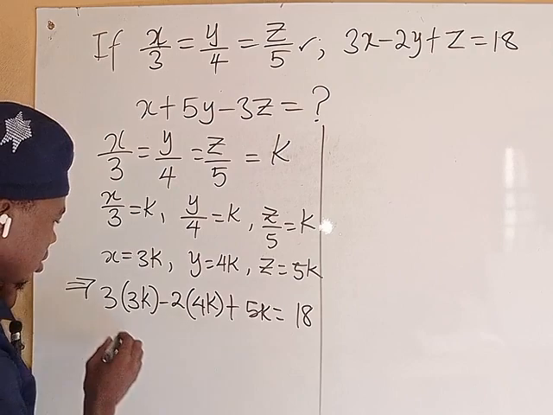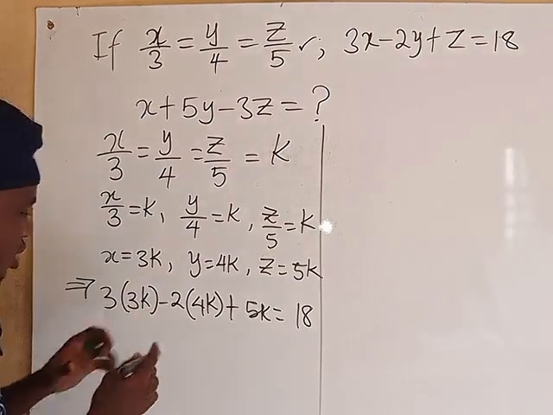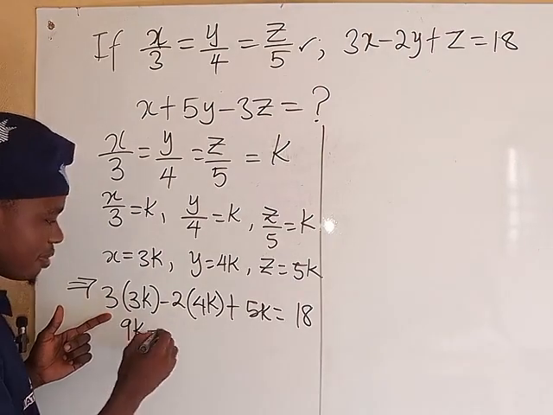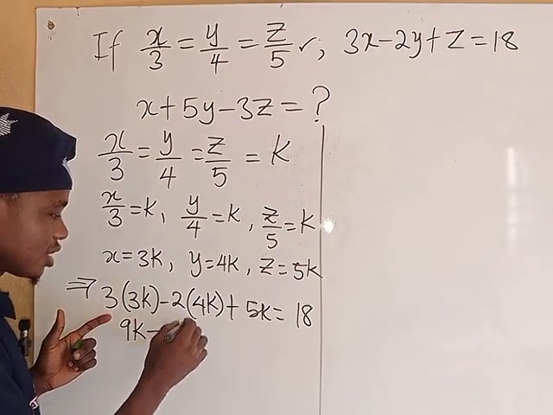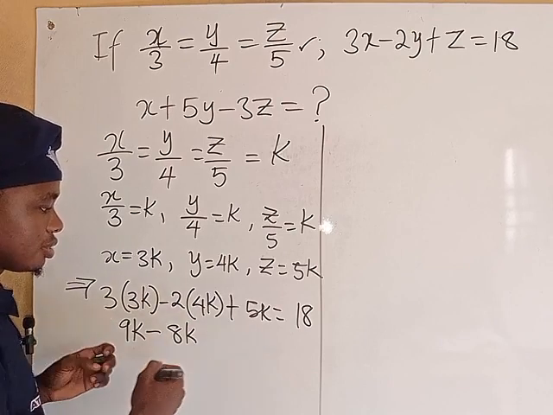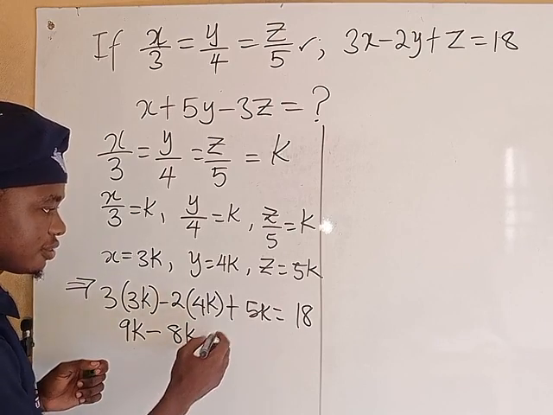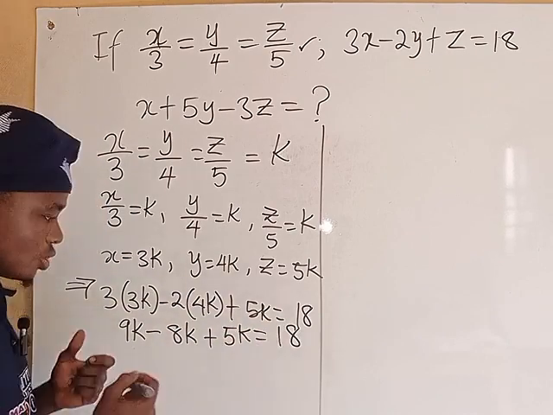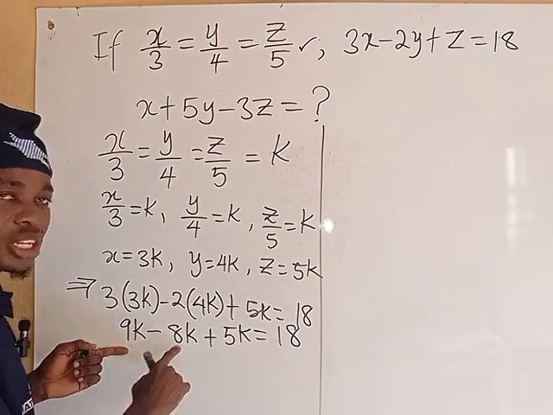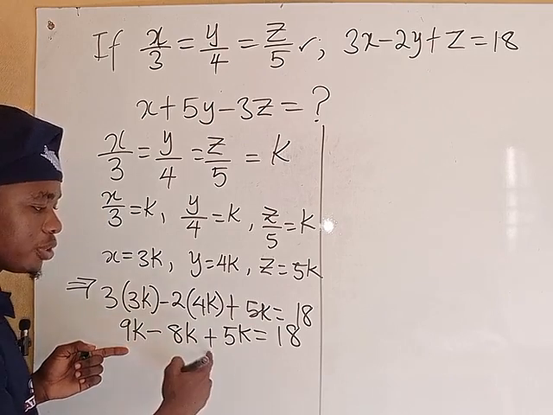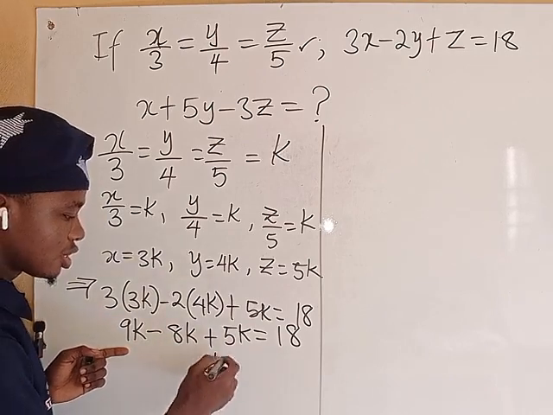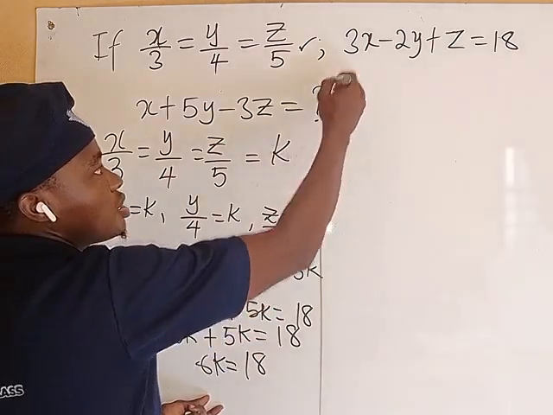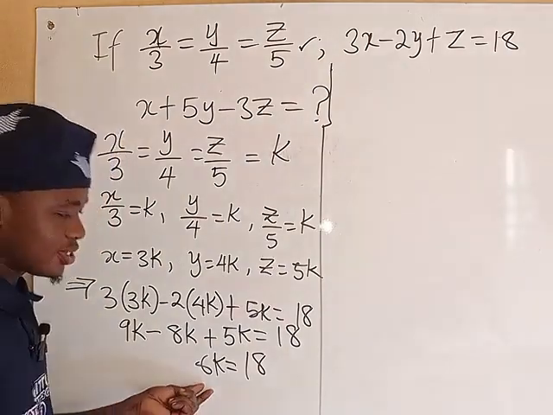Now let's try to combine all of this together. 3 times 3, we have 9k, minus 2 times 4, we have 8k, plus 5k equals 18. Now 9k minus 8k gives us 1k, plus 5k, we are going to have 6k equals 18. Now we divide through by 6.